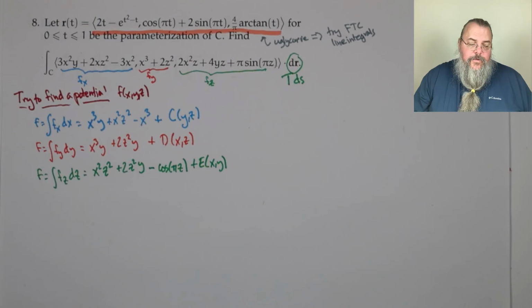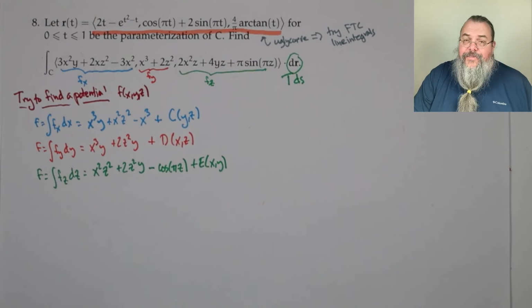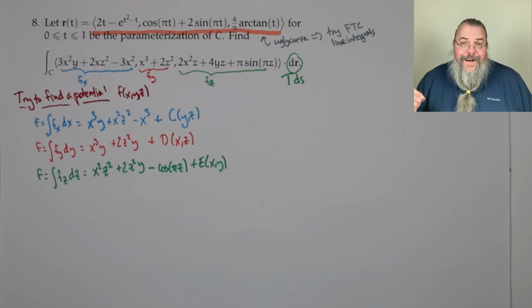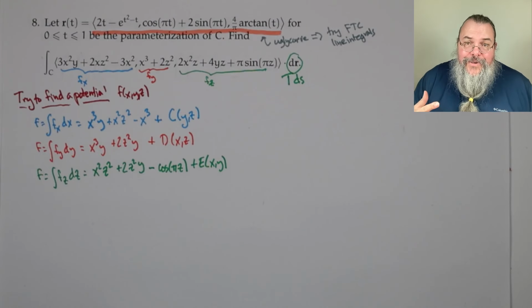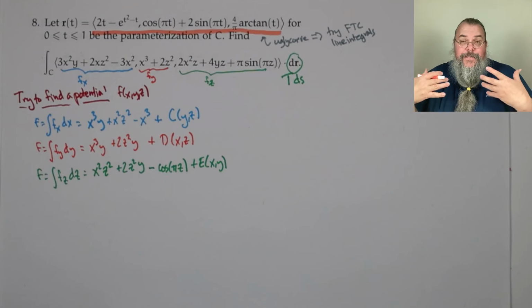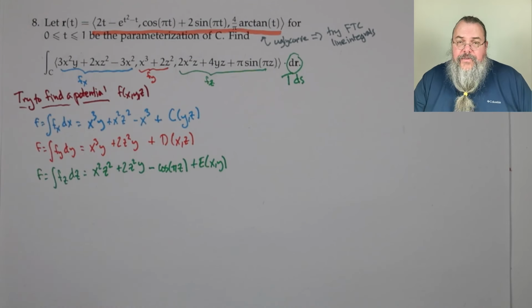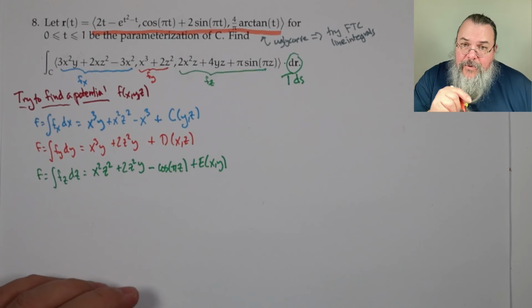Okay, so we have that f has to look like these things. And now we say, let's put them all together. So we have to check for consistency. And by consistency, I mean anything which involves multiple variables has to show up in all the places which involve those particular variables.